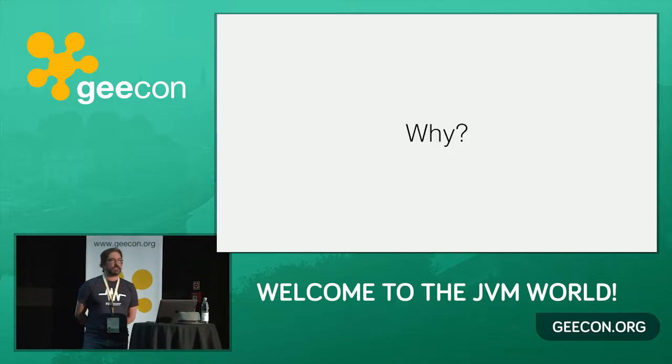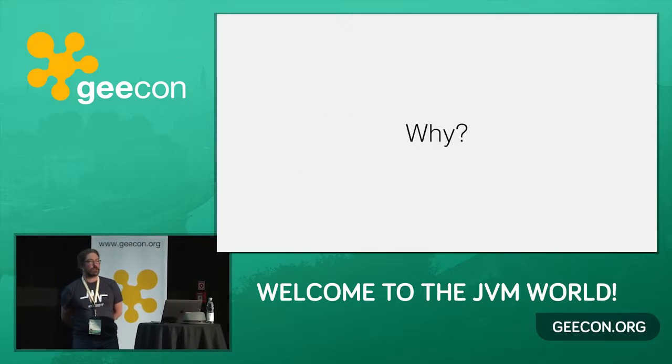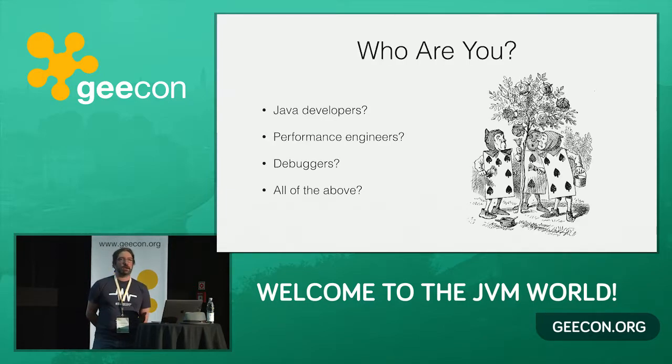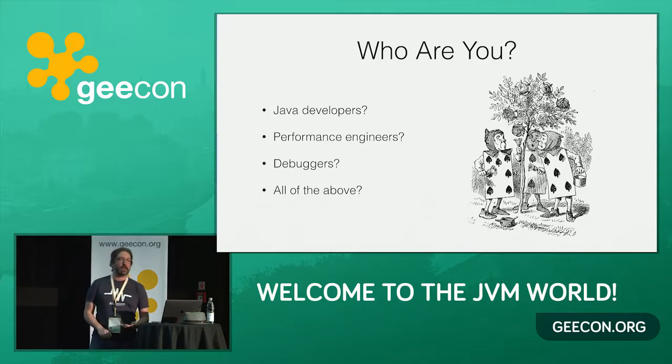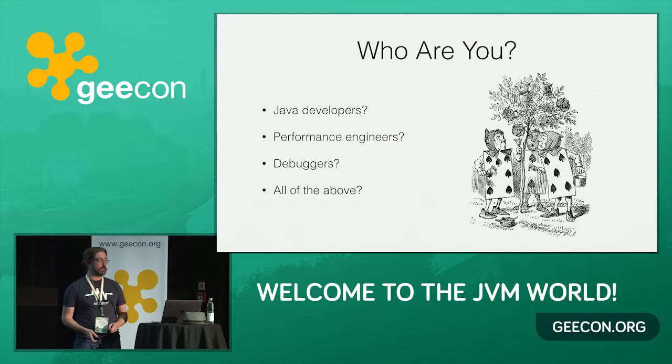Now, why is this an interesting thing to do, first of all? Before we dive in, why would we want to do this? Well, who are you? I assume most of you in here are some level of Java developer, performance engineers, people doing performance analysis on applications, trying to find problems, trying to optimize an application, make it run better, or simply debugging, trying to figure out why your application isn't behaving the way you expect it to.